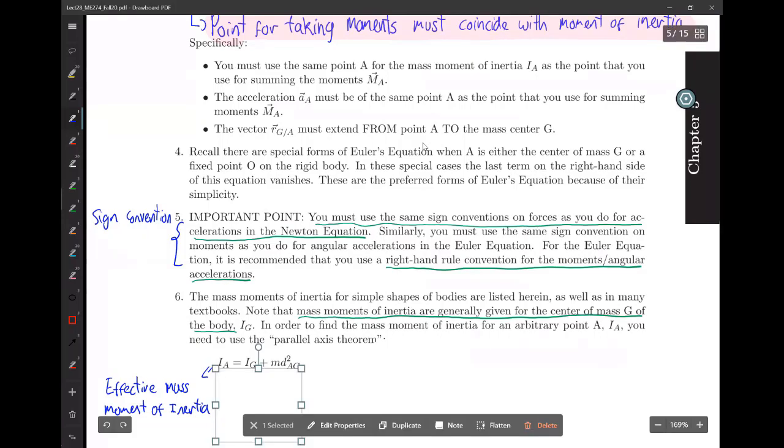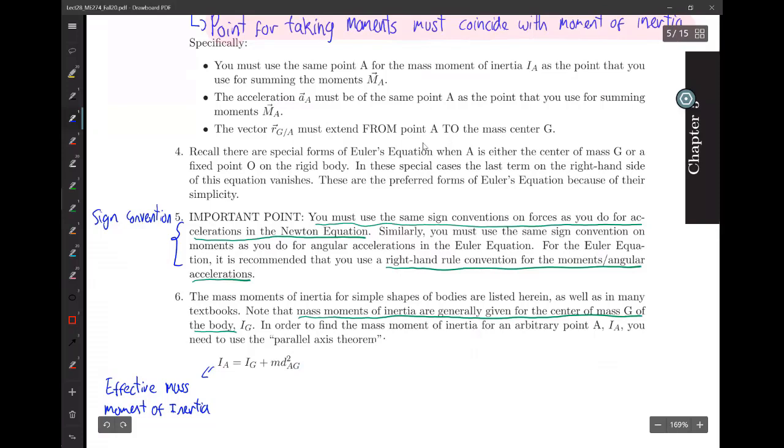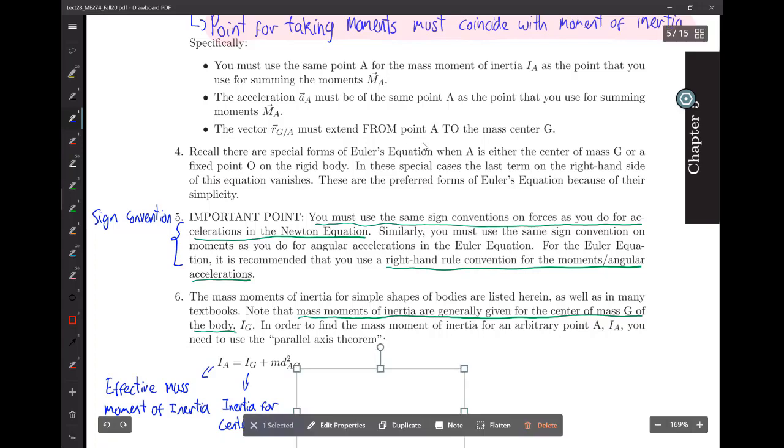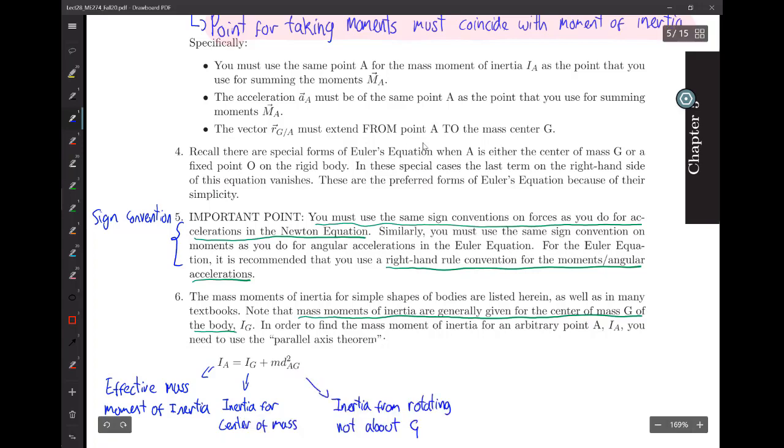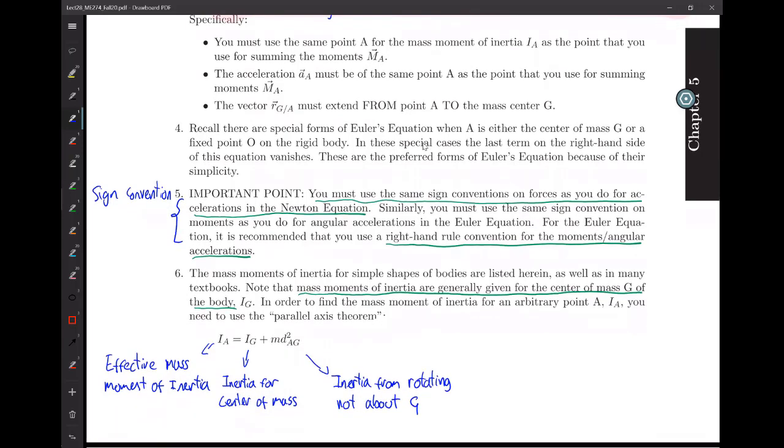And this effective inertia is always given by the moment of inertia calculated about the center of mass of the body. And if you calculate it about any other point that is not the center of mass of the body, you are adding inertia to it, okay?